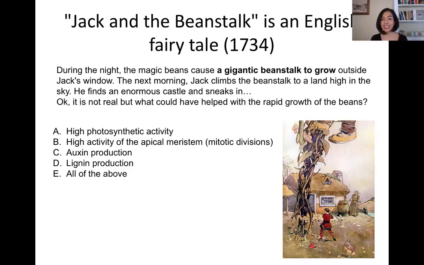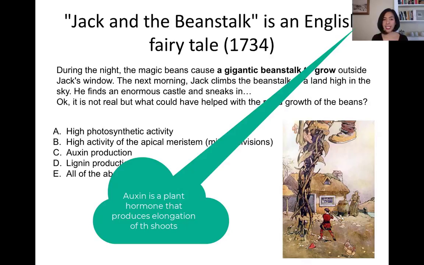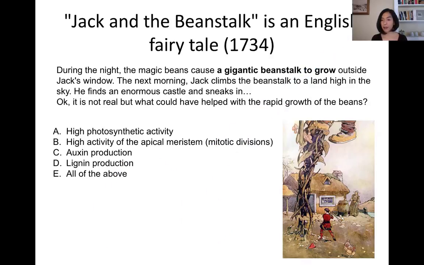A, high photosynthetic activity. B, high activity of the apical meristem, that means mitotic divisions. C, auxin production. D, lignin production. And E, all of the above. We have covered that plants, in order to grow, really need photosynthesis.